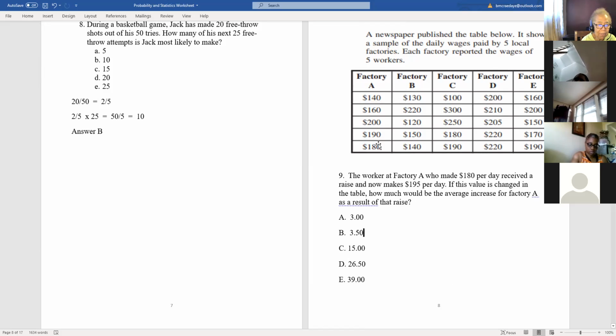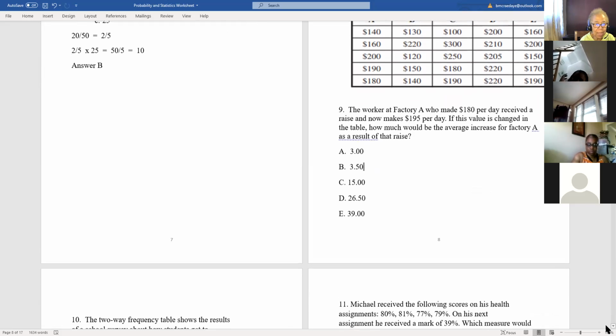That would give you his average. Now, the question was, if instead of 180, he made 195, what's the increase in his average? So add these up and divide by 5. Change that 180 to 195, then add those up and divide by 5 and get the difference. So I want you to do that.